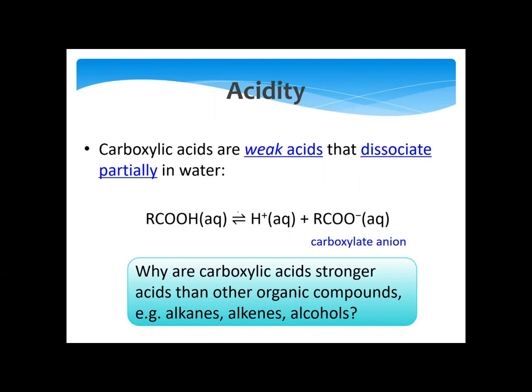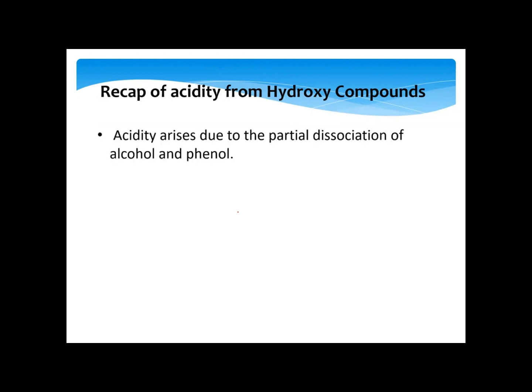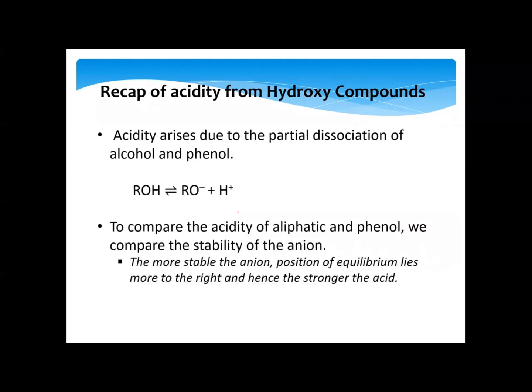How can we compare the acidity of carboxylic acids then? I want to recap the acidity concept that we learned from hydroxyl compounds a few lectures ago. When we talk about the acidity of alcohol and phenol, we look at the stability of the anion.